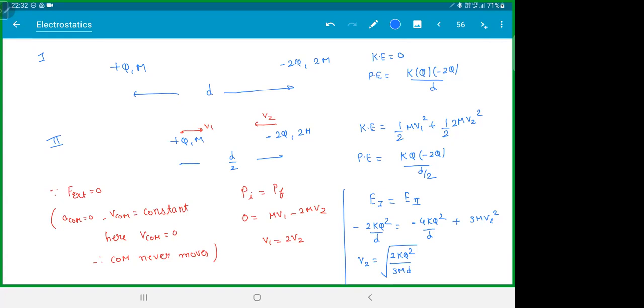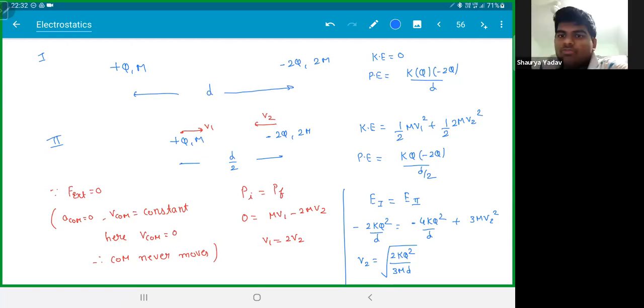Have a look at the steps. Do have a look at this. Clear with this?